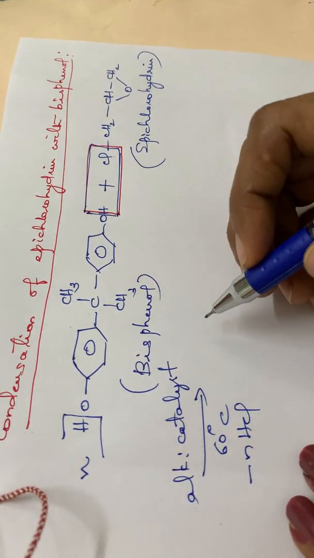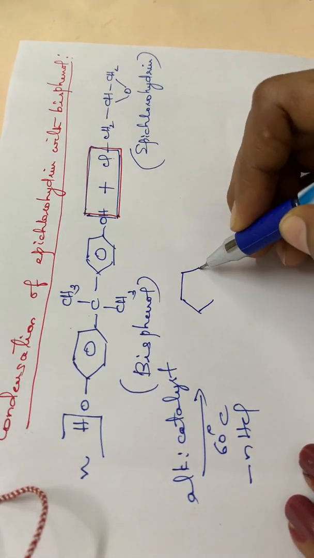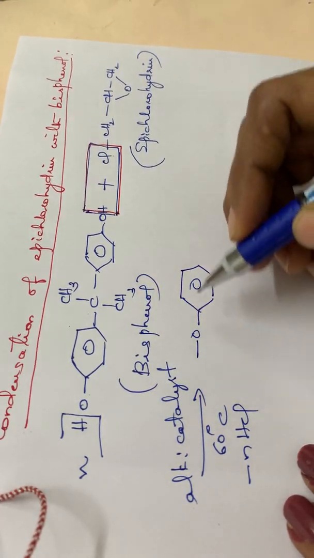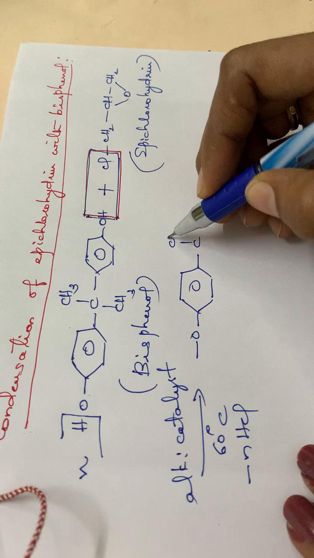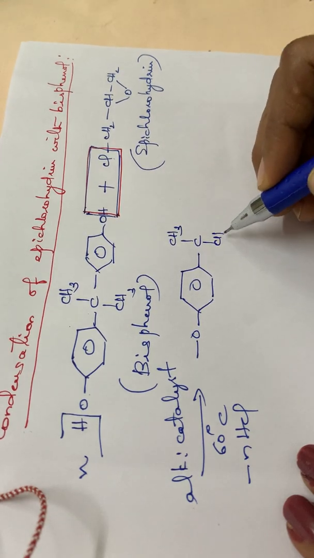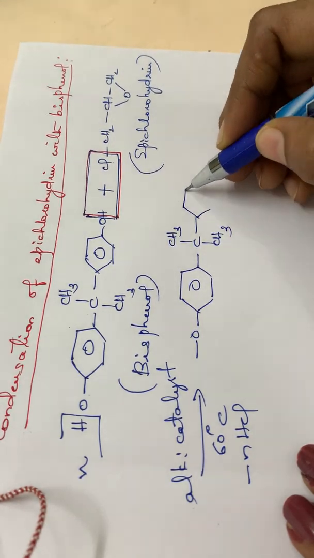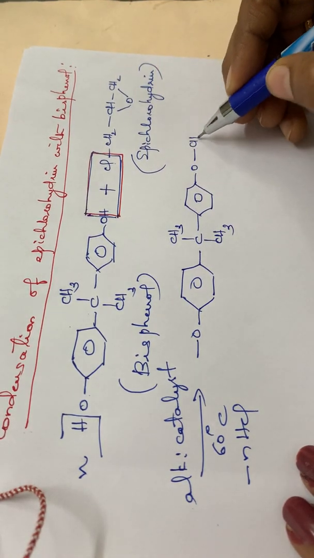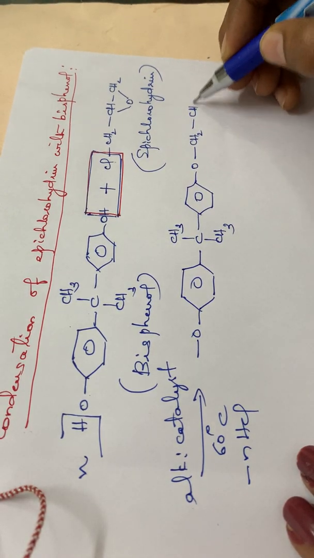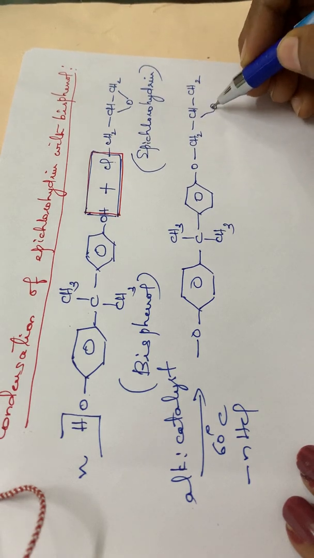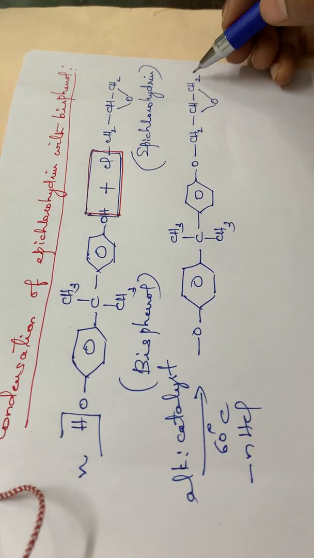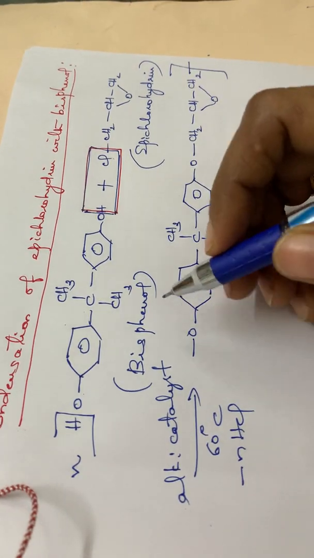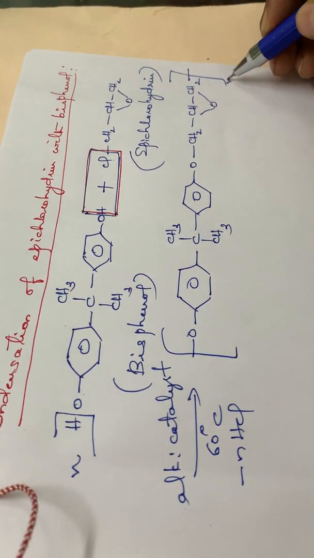So the product will be like this: C6H5, here one O, then CCH3, CCH3, then C6H5, then again O, then CH2, then CH, then CH2, then oxygen atom. So this is the compound, n times.